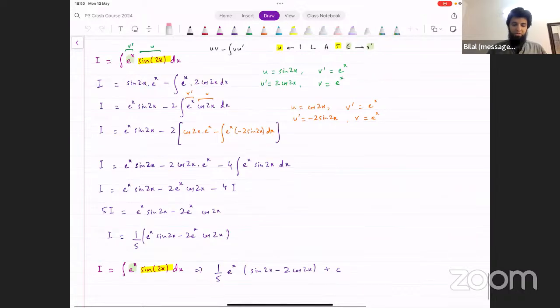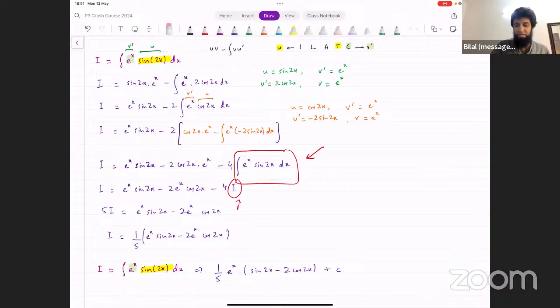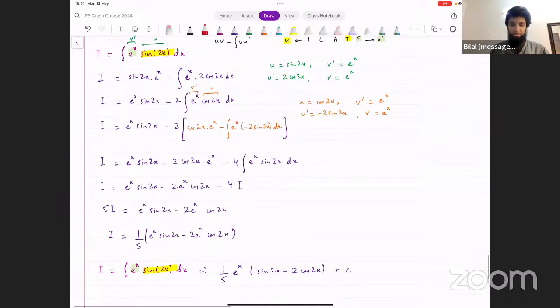Sometimes what happens is it becomes a loop like this, that the integral that you started from, you end up getting that same integral at some point after applying integration by parts twice. And then you replace it with that initial integral and make I the subject like this. Some questions you can do using this method as well. It's a method that, again, is not explicitly part of the syllabus, but it makes things simpler in some cases. It's a further maths method.